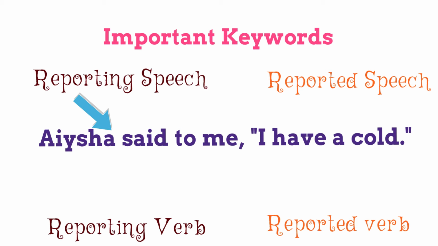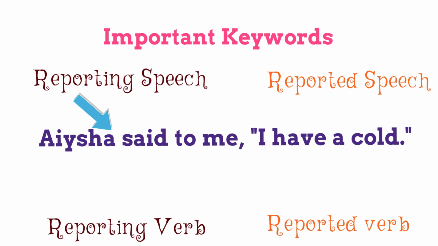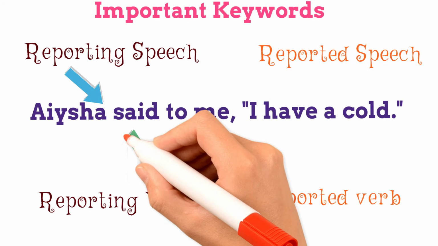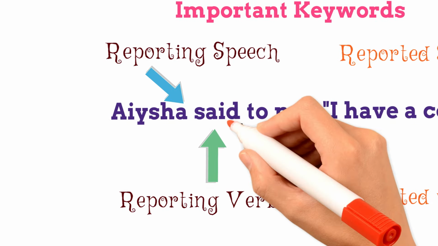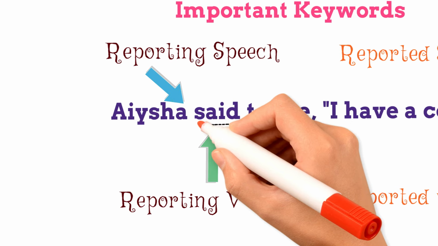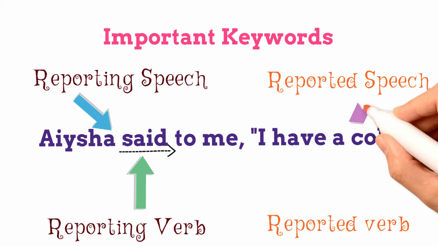This is the first part or clause of this sentence. This is called the reporting speech. And the verb of this reporting speech is known as the reporting verb. In this case, this is said. The other clause of this sentence is called the reported speech. And in this example, the reported speech is, I have a cold.